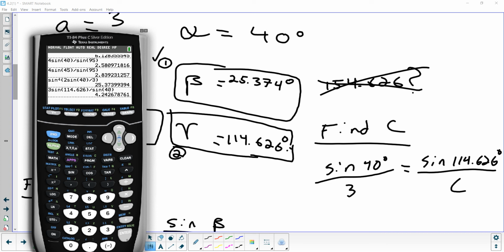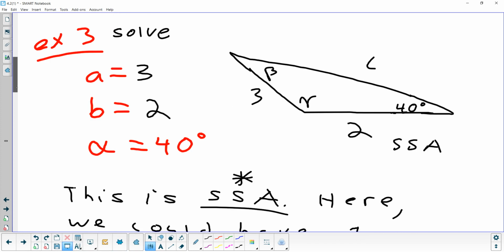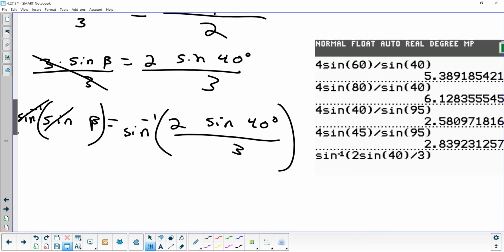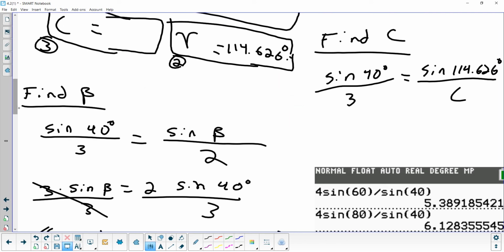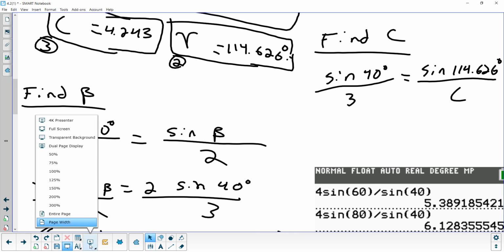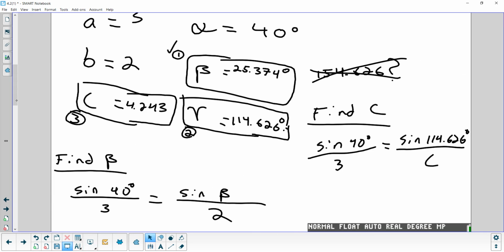So for C, we get 4.243. Okay, that's going to round up. Sorry, it's kind of scrolling. And those are all my answers.